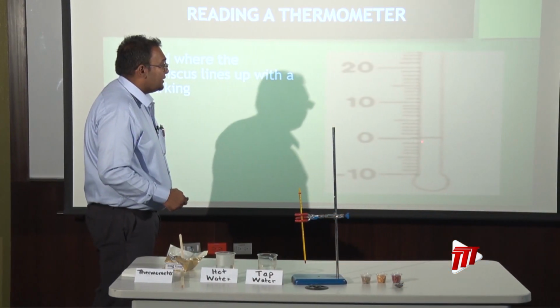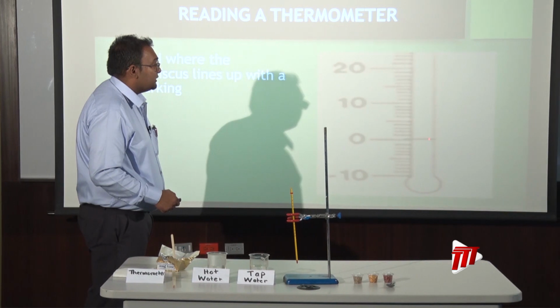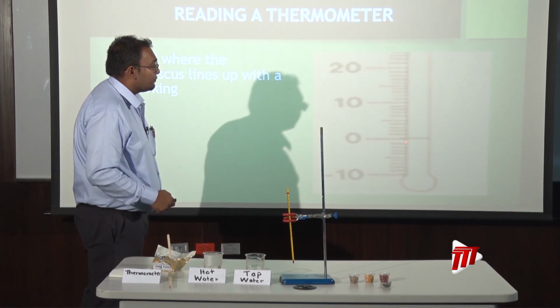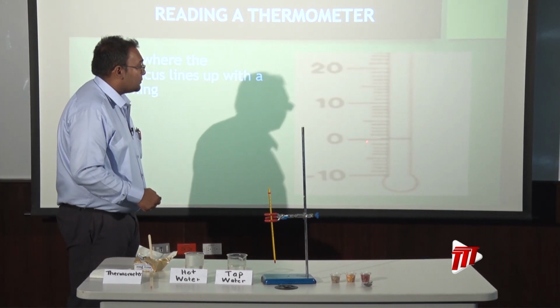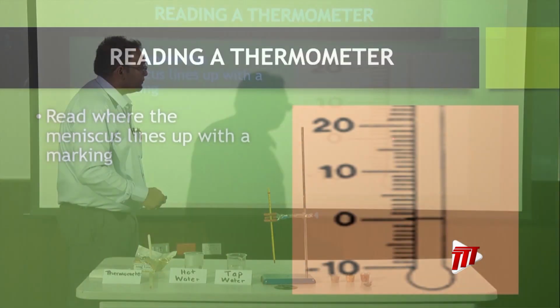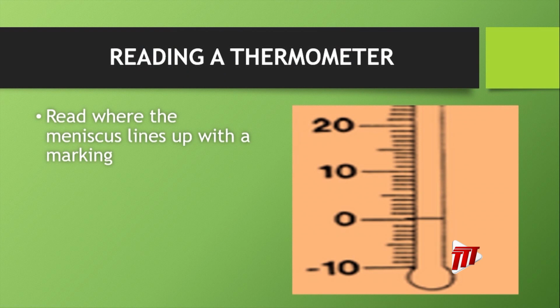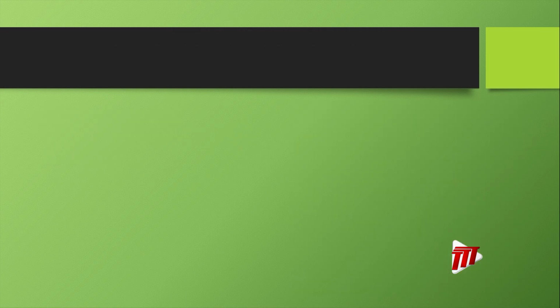And over here would be where our liquid is. And we look at the bottom of the meniscus and line it up. So over here, it lines up with 0. So the temperature, if I was measuring something with this thermometer, would read 0 degrees Celsius.